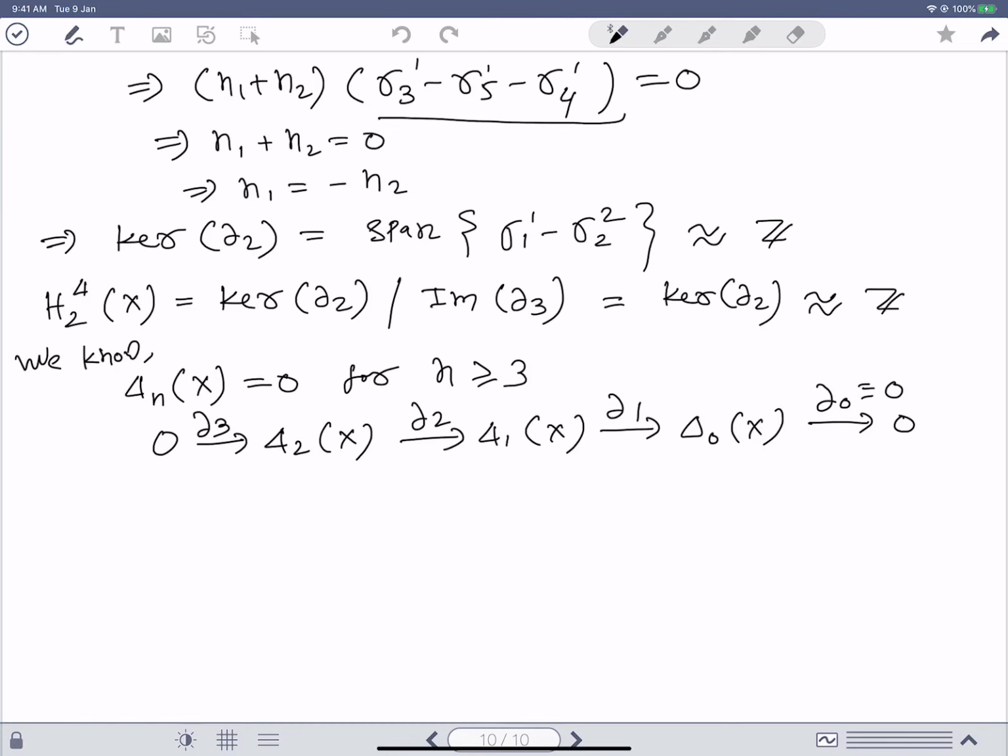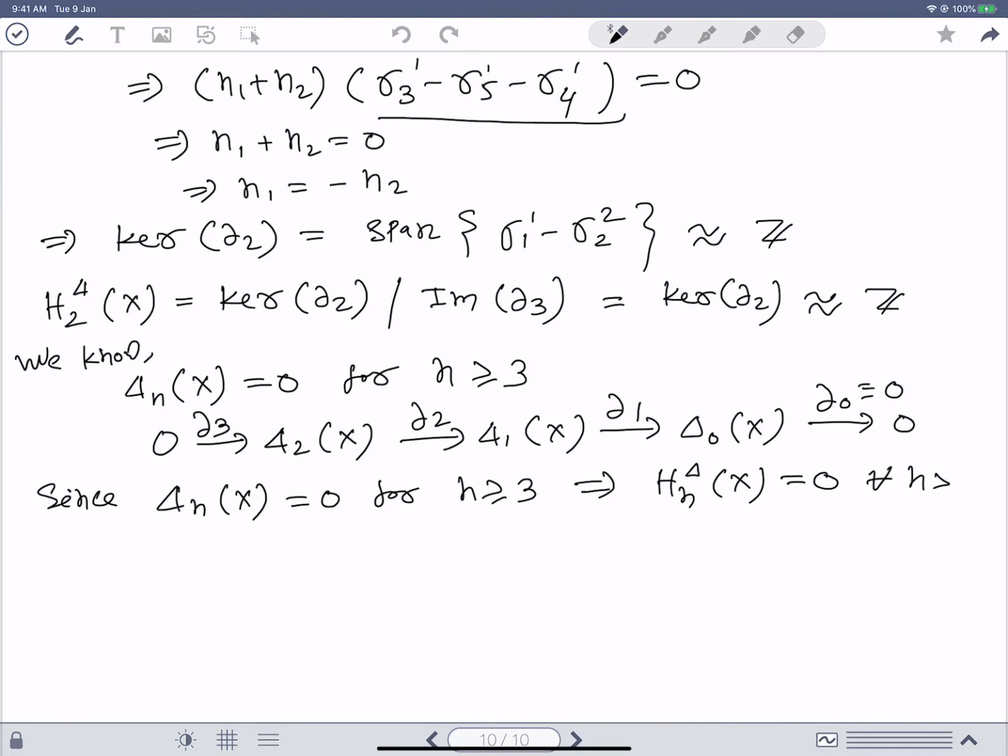Okay. Now since delta n X equal to 0 for n bigger or equal to 3, that implies H n of X is 0 for all n bigger or equal to 3, because there are no such maps, right? Now we got H3, H4, all of these, and H2.